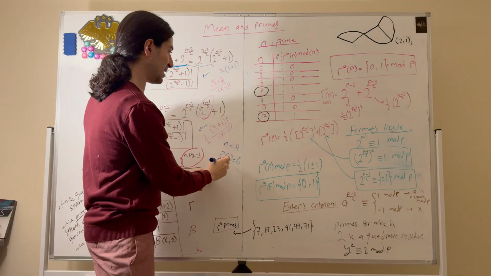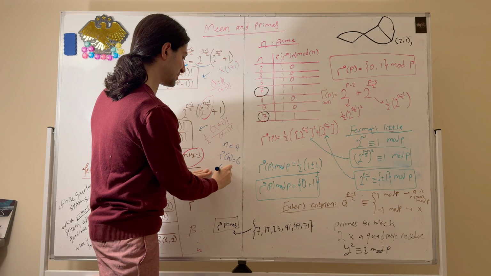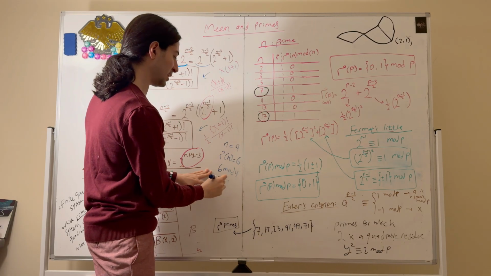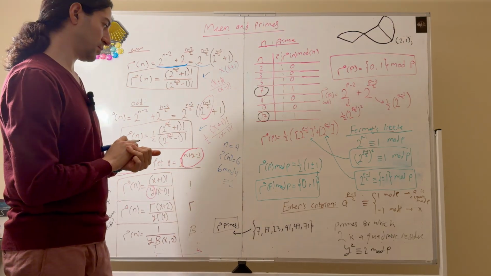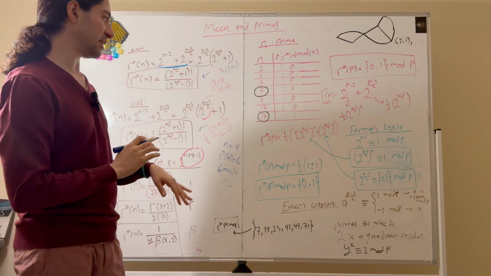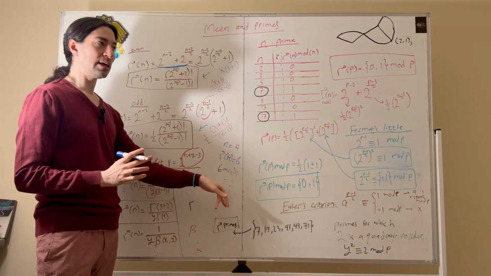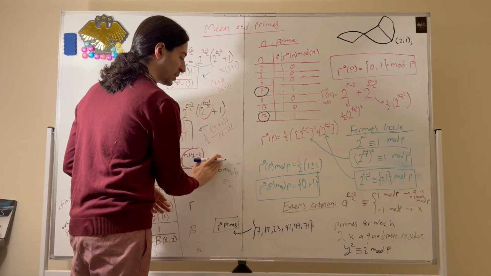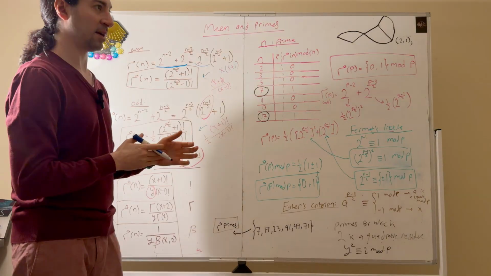And then meem of n mod n would be 6 mod 4, which is equivalent to 2. So this is what it means. There is no reason why we should get a specific number, and in fact, when we do this, we get numbers that are very different.